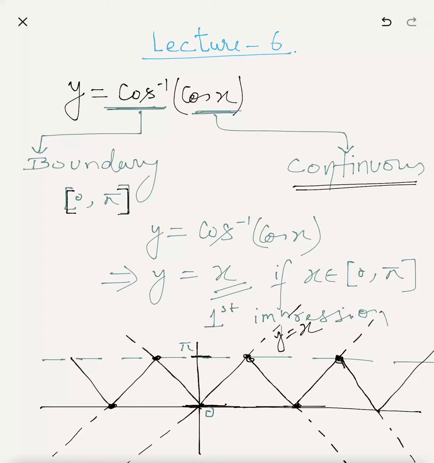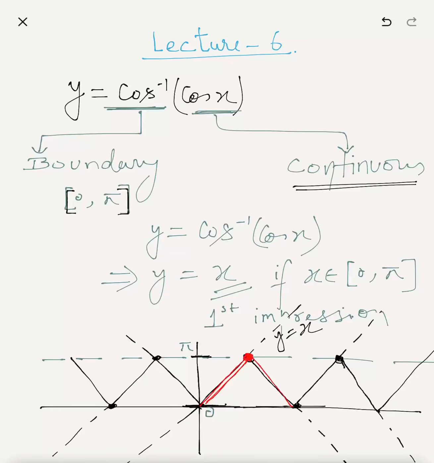Now since this is your line y equals to x, this is your graph. The final graph is this, and since this line is y equals to x, here both the x coordinate and y coordinate will be equal. So at this value your x coordinate is pi, and your y coordinate is also pi at this point.